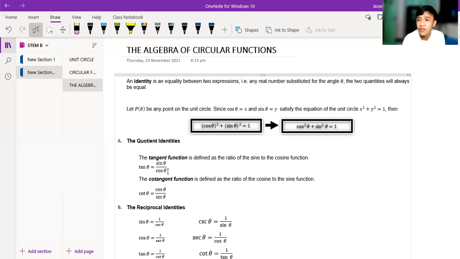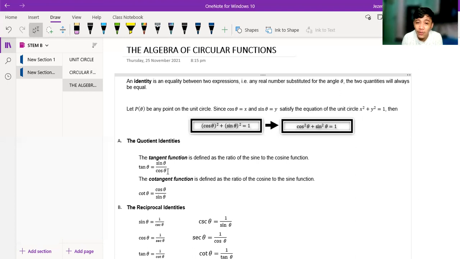So, yung algebra of circular function, para lang tayong mga commutative property, associative property, associative identity, commutative identity. Ganun lang din, katulad ng algebra natin. Kailangan na identity, equals yung left at right para maging identity. Kasi by definition, an identity is an equality between two expressions. And real numbers substituted for the angle theta, the two quantities will always be equal.